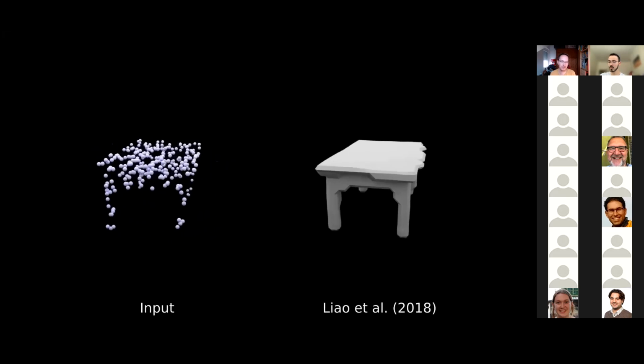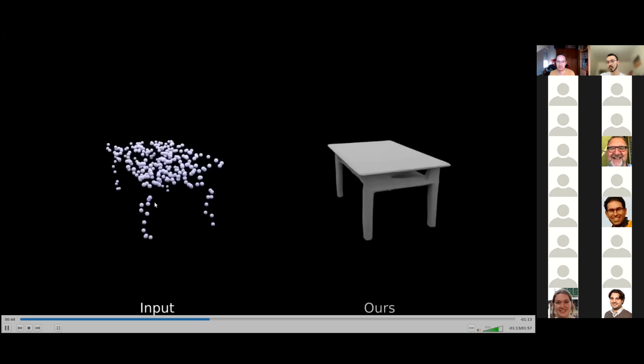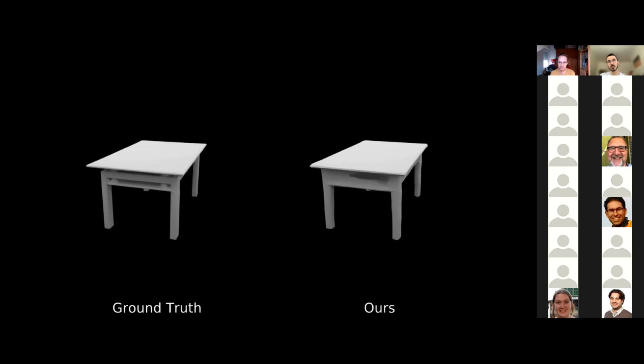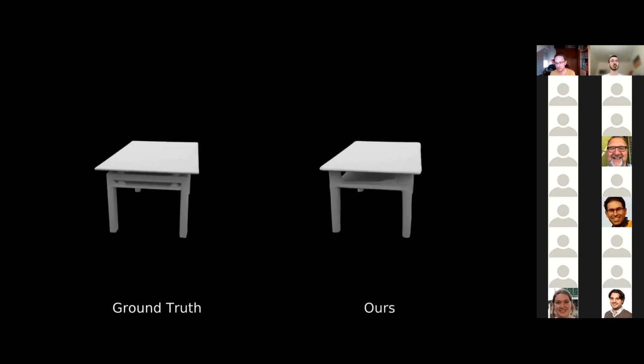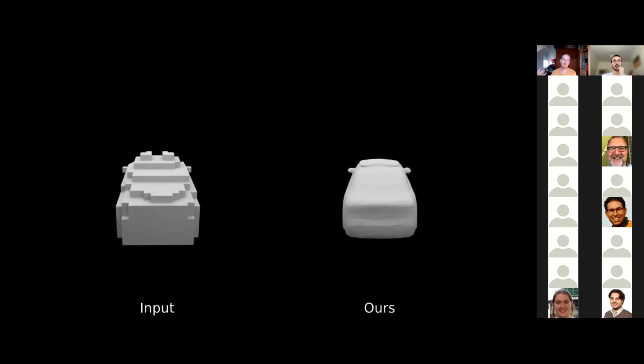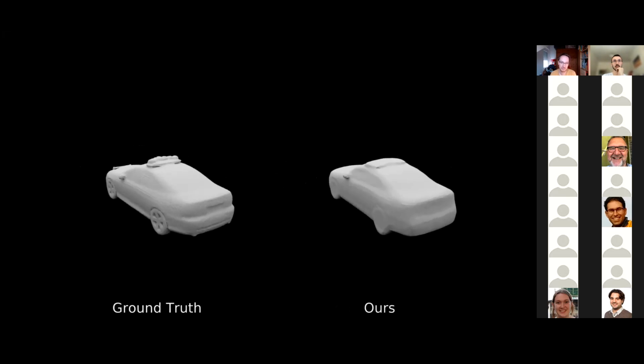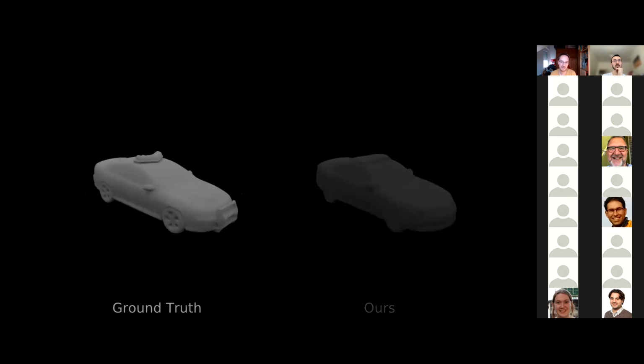Here's another example where the input is a point cloud that's encoded using a point cloud encoder. And on the right, you can see our result for this particular input point cloud. We can do the same for a voxel-based input, where we effectively super resolve. We learn to super resolve this voxel data that we have.